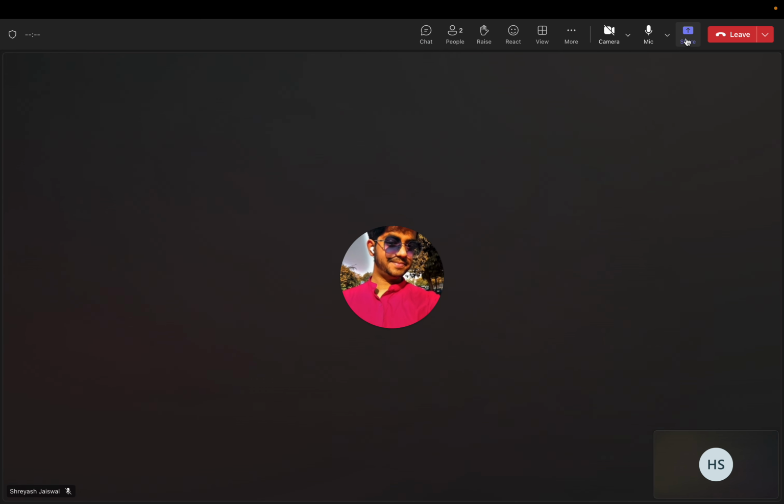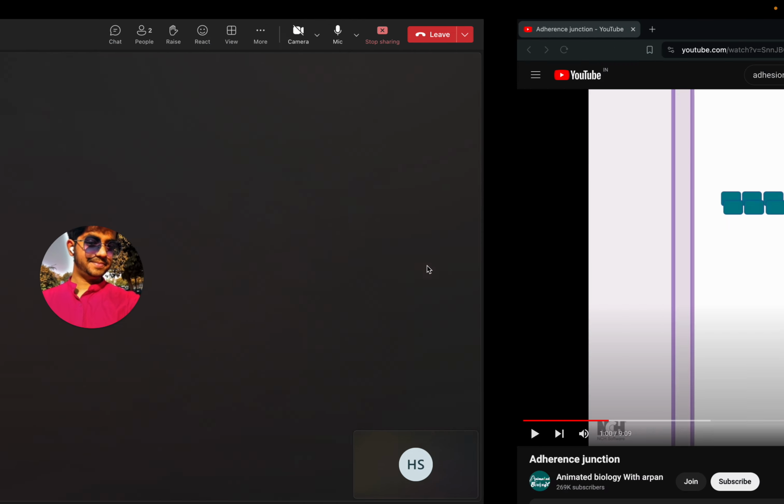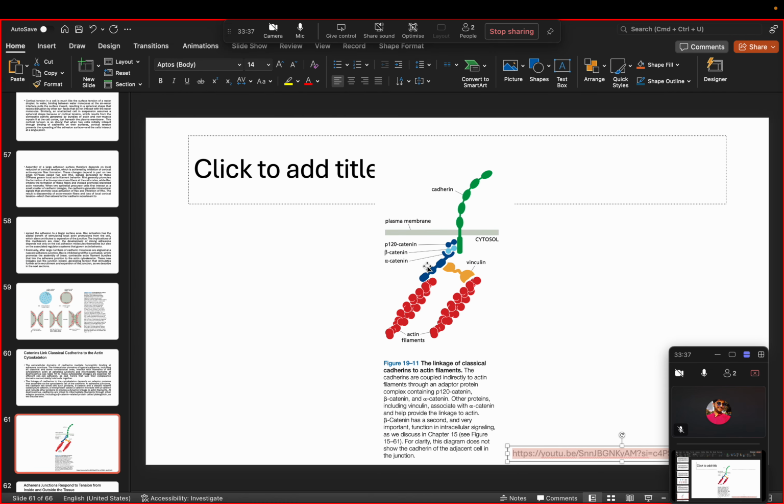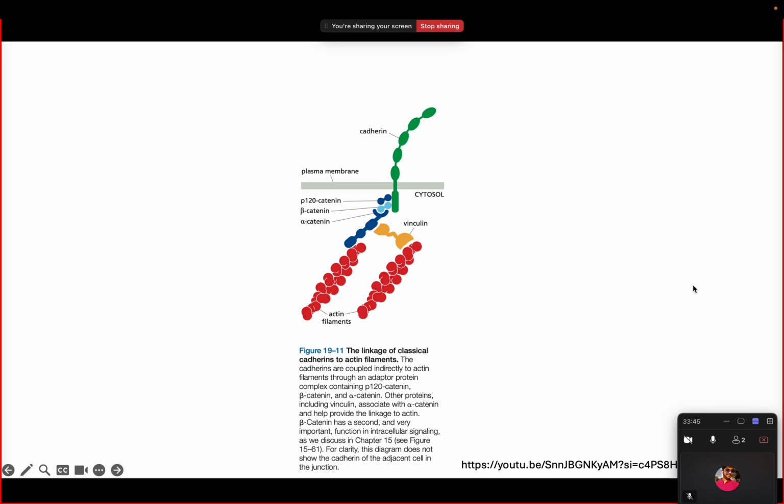Yeah, so that was the overall view of how cadherins generally make the connection. Apart from this, I guess you have also started connecting the dots, that whenever we are talking about membranes and the proteins associated with the membrane, we are always saying that they are made up of weak interactions.